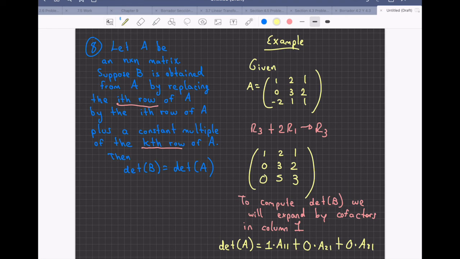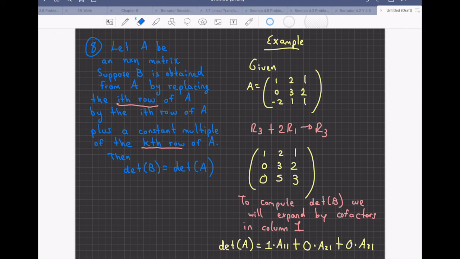You see, I expanded by cofactors in the column 1. The determinant can be computed expanding by cofactors in any row or in any column, and the answer is going to be the same.